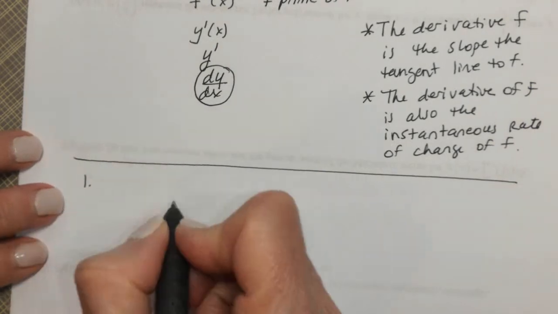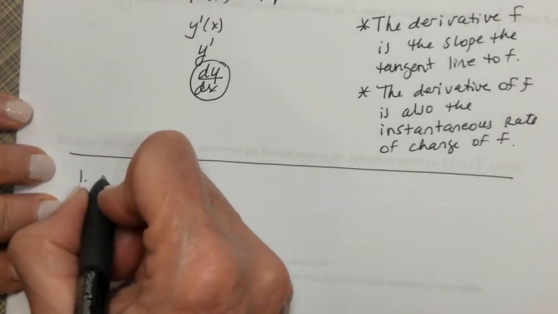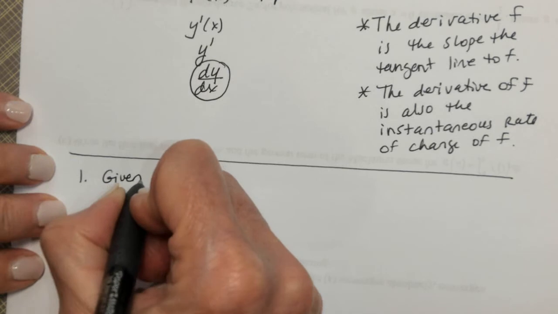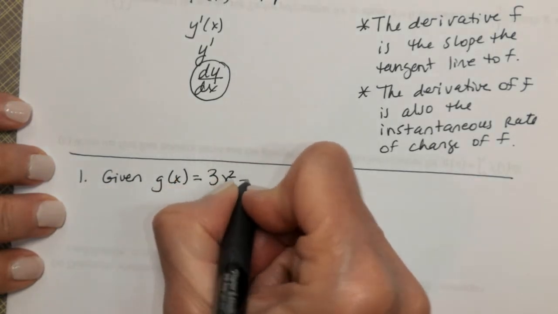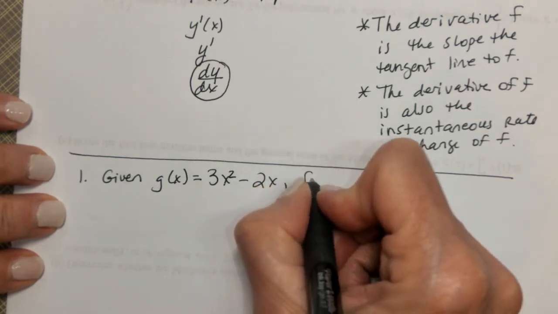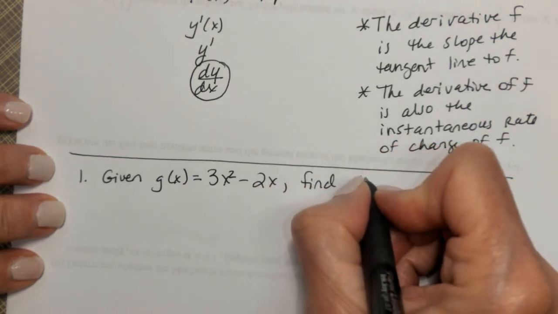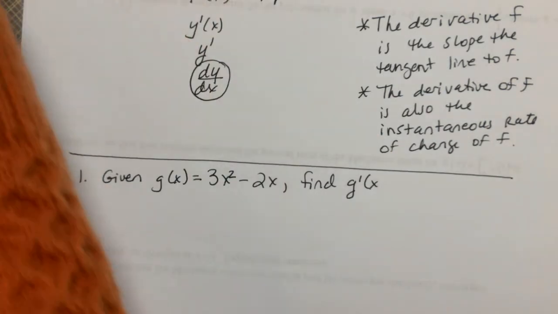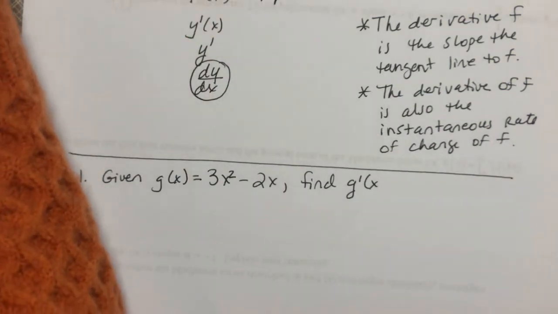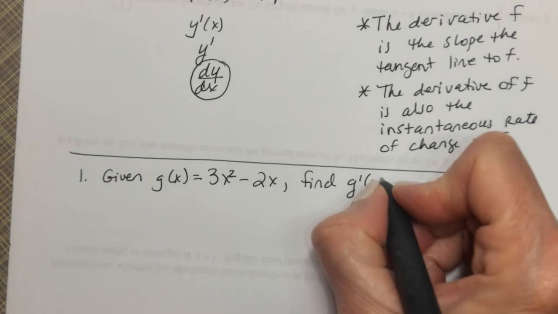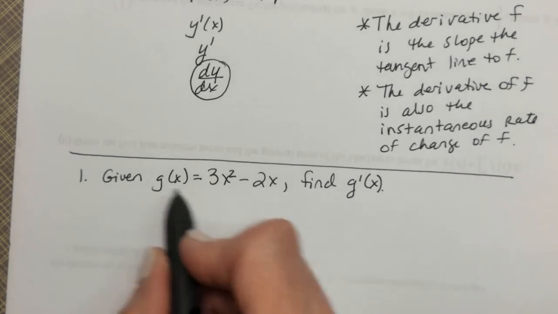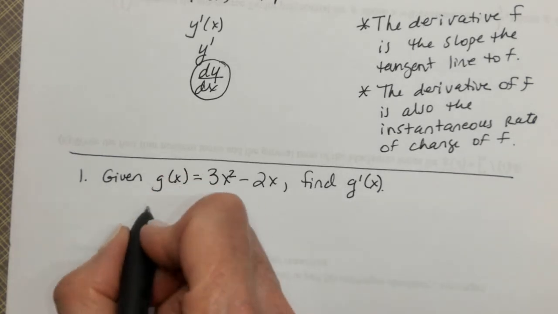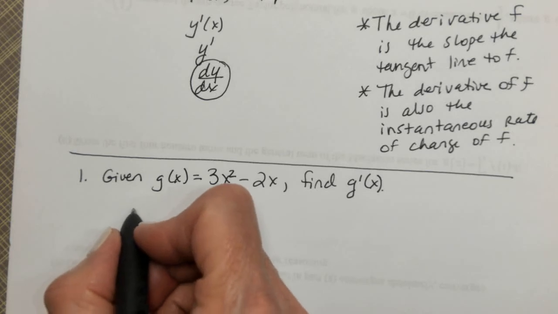Let's say in this first example I say, given g of x is equal to 3x squared minus 2x, find g prime of x. Okay, so we're finding the derivative of g, so I'm going to set up our definition of derivative.